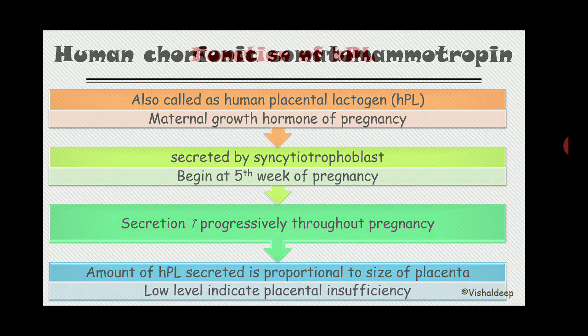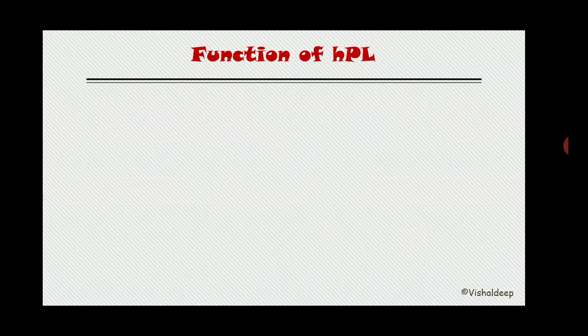Now what is the function of this HPL, human placental lactogen? So what does human placental lactogen, the growth hormone of pregnancy for the fetus, do? It increases the growth of a developing fetus. Now in order to increase the growth of a developing fetus, what does HPL do? HPL will make available the raw material for the development.